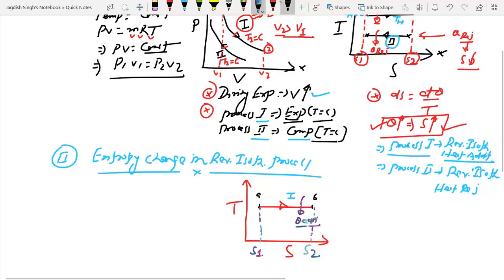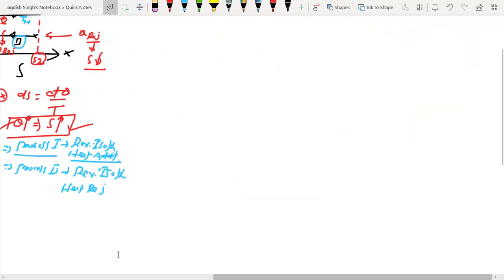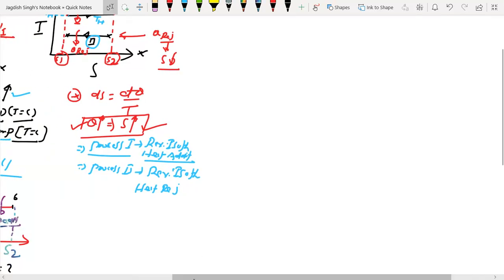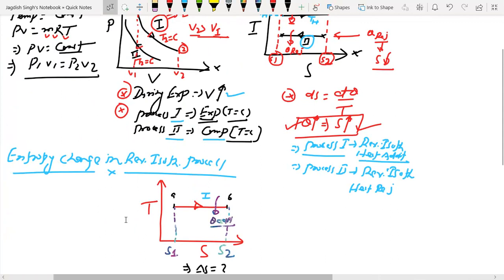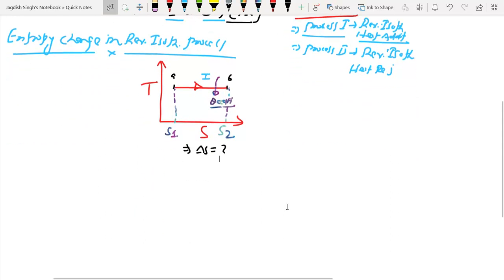So we have to find del S, that means the entropy change in this process. Already we have two equations: TdS is equal to dU plus PdV, and TdS is equal to dH minus VdP.